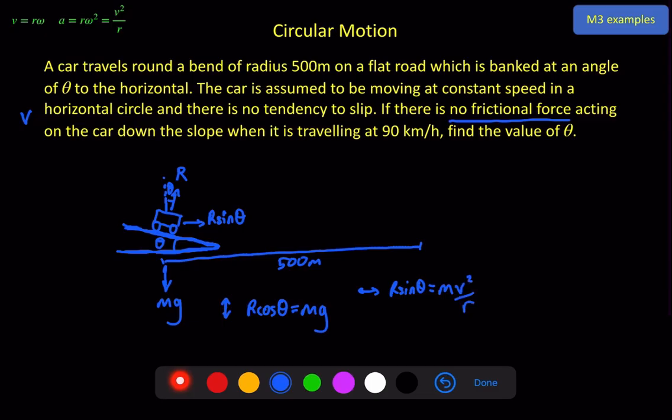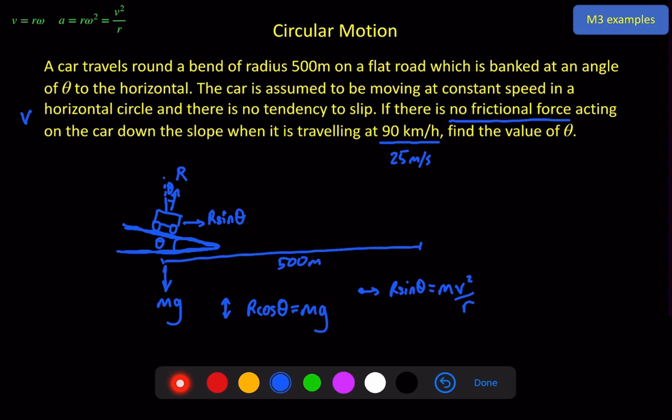because the speed we've been given here, 90 kilometers an hour, that is v, that's a tangential speed, not an angular speed. Second thing to notice is the kilometers per hour. We need to change that into meters per second, which is actually a very nice 25.